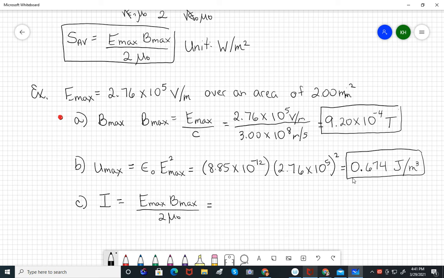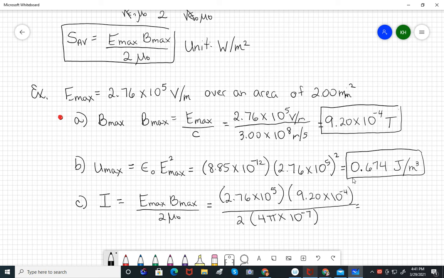That is 2.76 times 10 to the 5th, times 9.20 times 10 to the negative 4, and then divided by 2 times 4 pi times 10 to the negative 7.